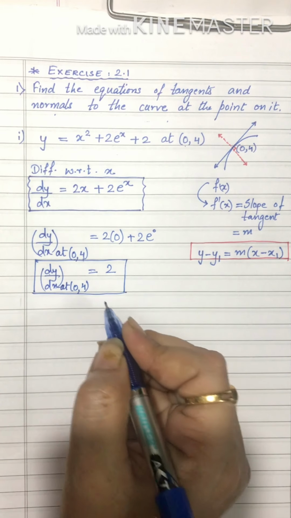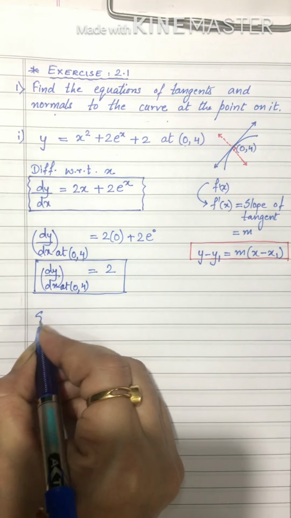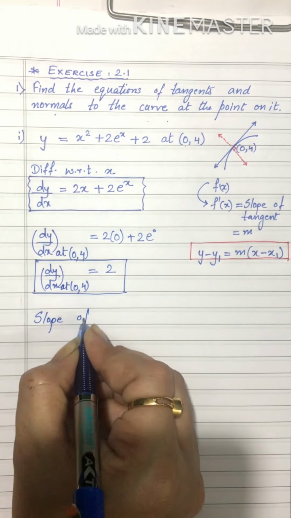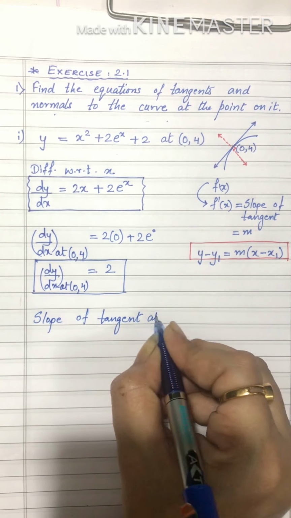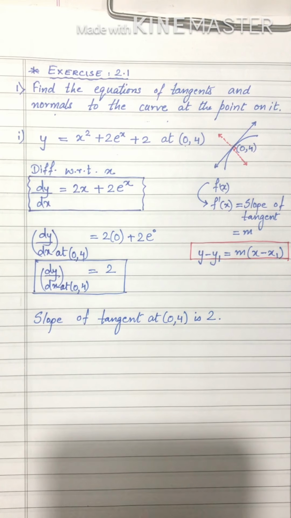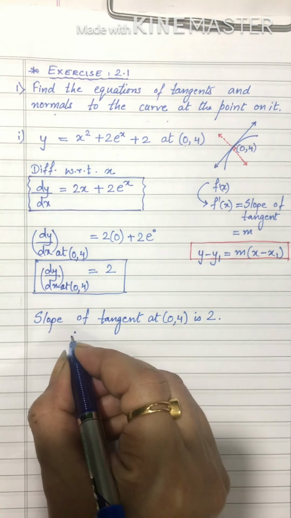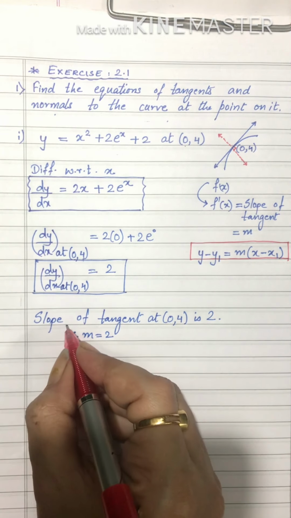We'll be using this in the sum ahead. Next, slope of tangent at 0, 4 is 2. Fine. That means m is equal to 2.